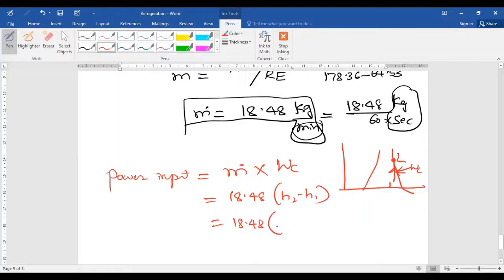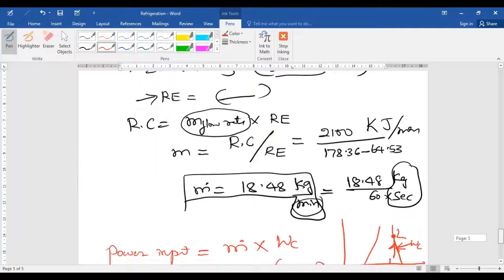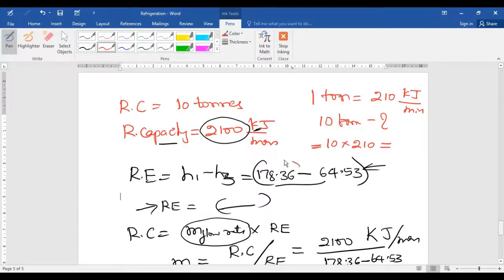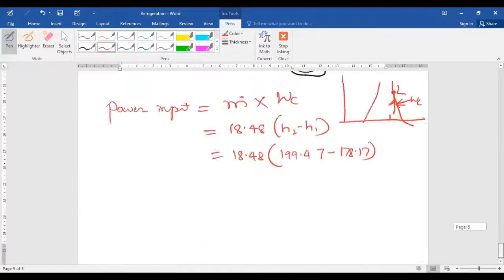Substitute. H2 value is 199.47 minus the H1 value of 178, which we calculated in the previous step.